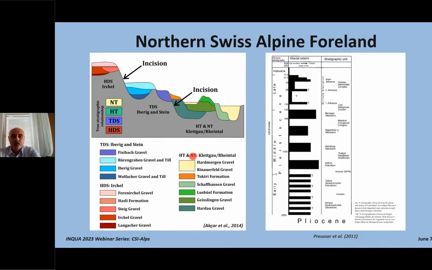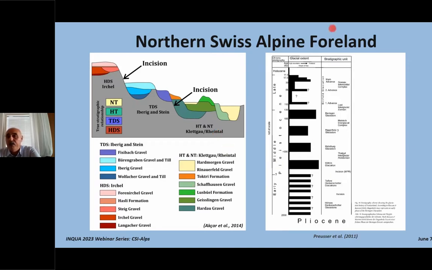The oldest one, the Swiss Deckenschotter, the cover gravels, was attributed to the Günz glaciation. The lower one, the bluish colors, was attributed to the Mindel, the greenish colors, the high terrace level, to the Riss glaciation, and the yellowish ones to the Würm glaciation.